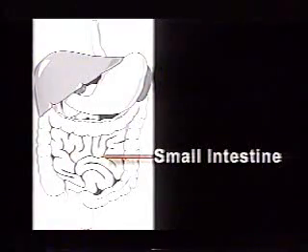It's approximately 22 feet in length. And what happens to the food in the small intestine is that it continues to become more liquid in form and then gets absorbed into the bloodstream in the small intestine. When in the bloodstream, it goes to all portions of our bodies to provide energy for growth and development.